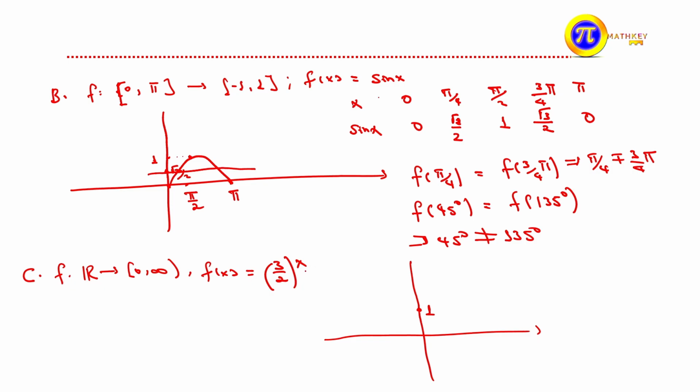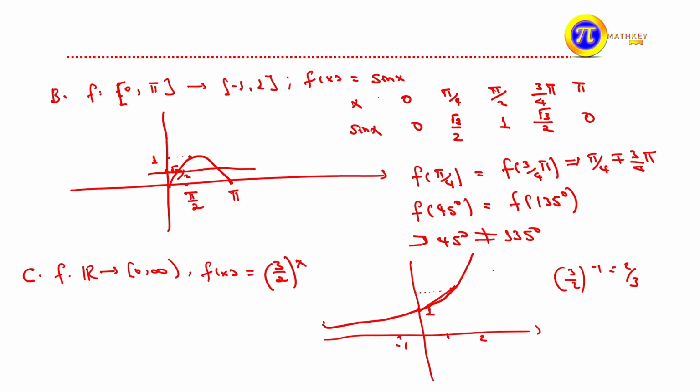But if x is 1 it becomes 3 over 2, that means it is above 1. If x is 2, it is 9 over 4. So it increases. When we take negative values, if we take -1, 3 over 2 to the power of -1 is equal to 2 over 3. This means it is below 1. So the graph looks like this.